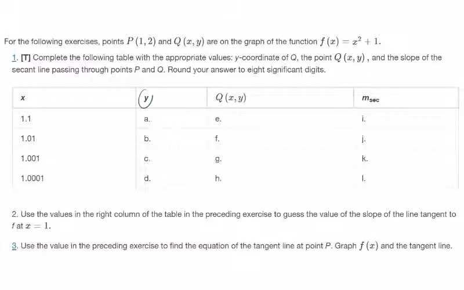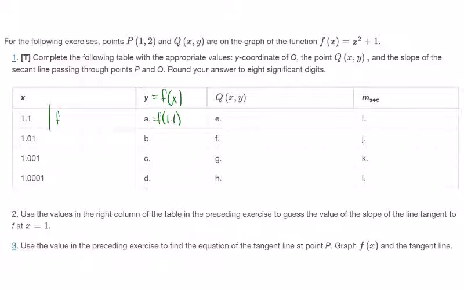So if I want to find y, all I need to do is plug x into this function here. Remember that y equals f of x. In the case of part A, y is going to equal f of 1.1. I'll write it right here since I have a little space.